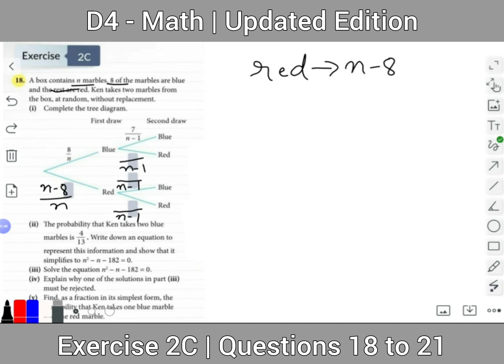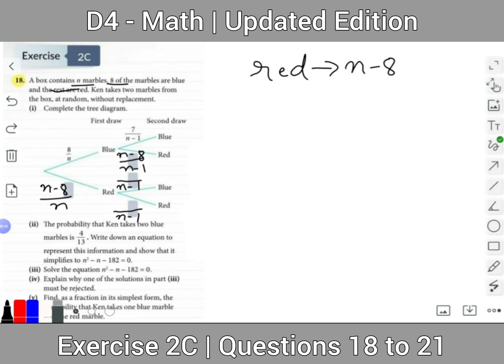Now if we have the probability for the blue ball in the first row, 8 over n, then for the red ball in the second row we have the probability n minus 8 over n minus 1, since the number of red balls is n minus 8.